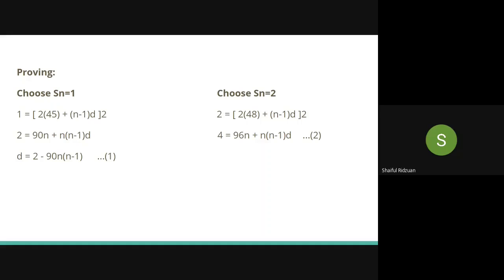From that we know that d is equal to (2 minus 90n) over n(n minus 1). For Sn equal to 2: 2 equals n over 2 multiplied by (2 times 48 plus (n minus 1)d), so 4 equals 96n plus n(n minus 1)d.